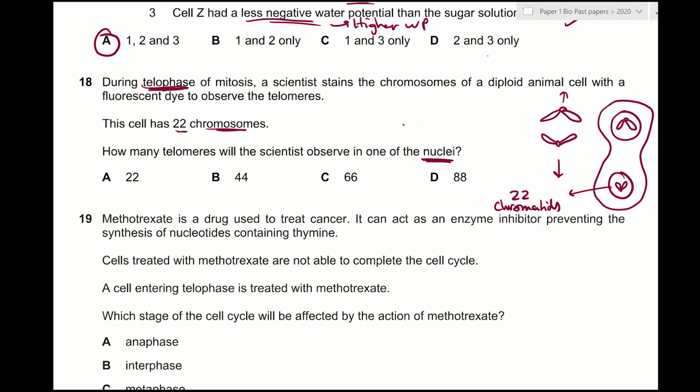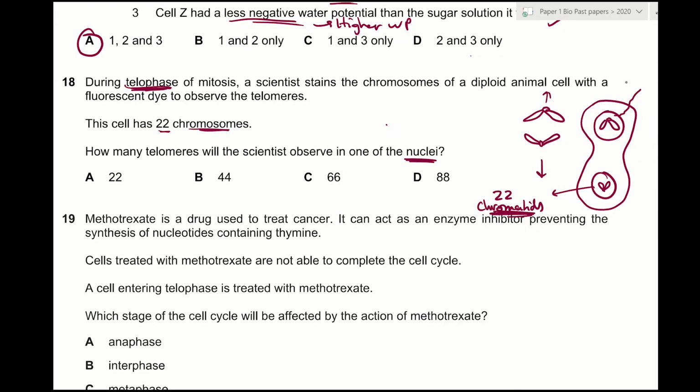So here we have 22 chromatids, not chromosomes, on each side. And here we also have 22 chromatids. And as we said, each chromatid has 2 telomeres, 1 on each side. So in order to calculate the number of telomeres, we must multiply 22 by 2, giving us 44, and the answer is going to be B.